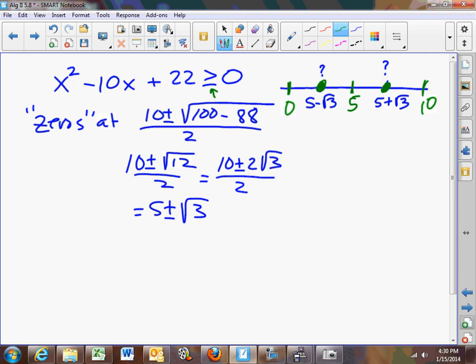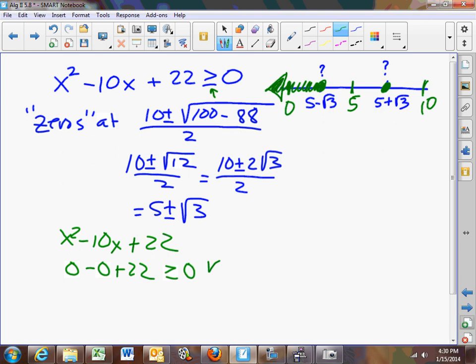And so what we're going to do is put these values back in the quadratic polynomial. We've got x squared minus 10x plus 22. If I put 0 in, I get 0 minus 0 plus 22, and that is greater than or equal to 0. So we do want this region over here. So I'm just going to fill this in here and put an arrow over here.